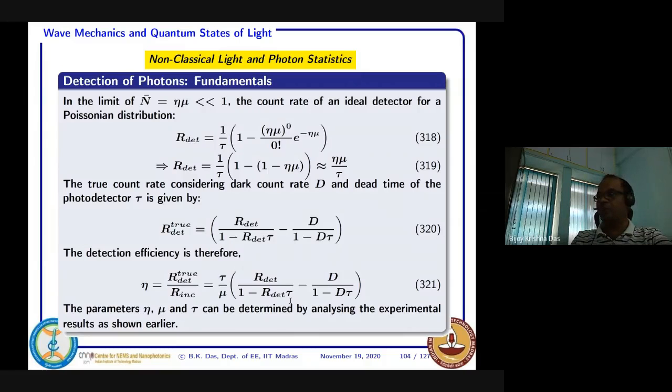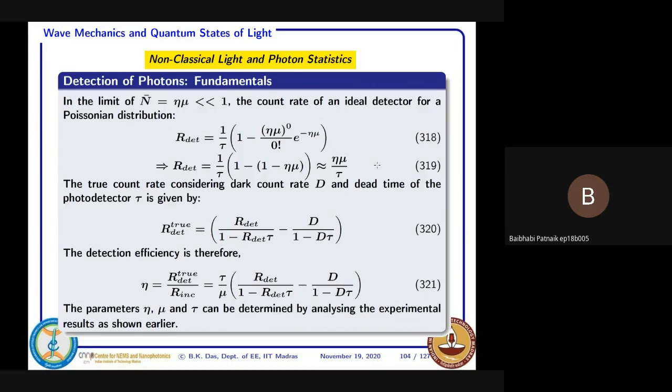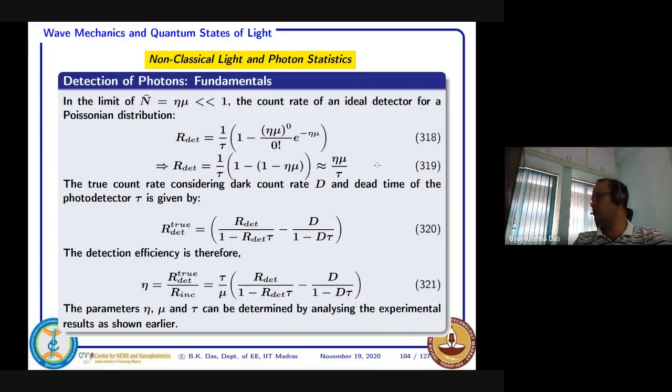That means your dead time is 0. That means instantaneously it can count. That means this term goes and this term also goes. Dark count is 0. Yeah. Then it is following this equation 319. That is what you wanted to know, right?